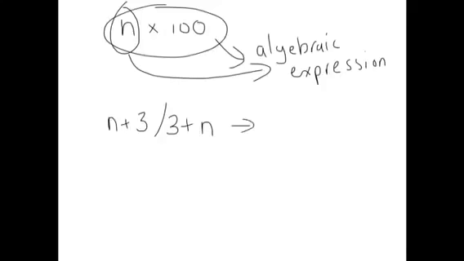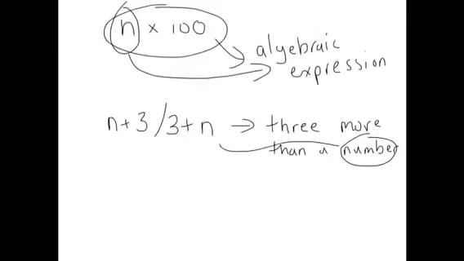In English, if I were to write it out, this simply means that we have an algebraic expression with n, so it means 3 more than a number. What's that number? Well, it's n.